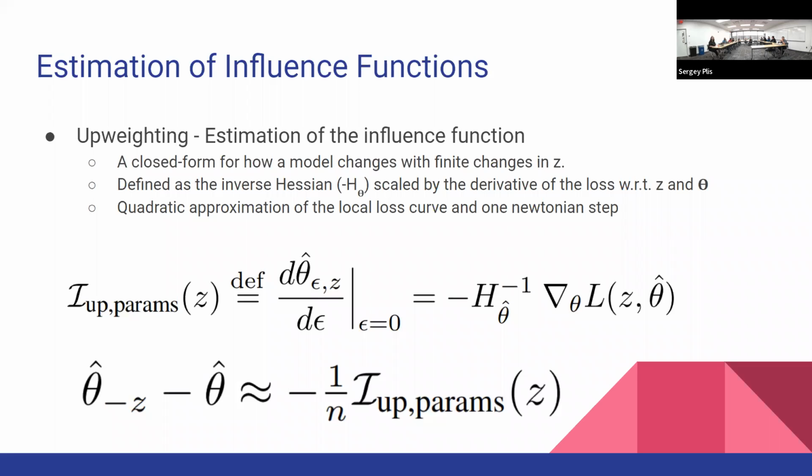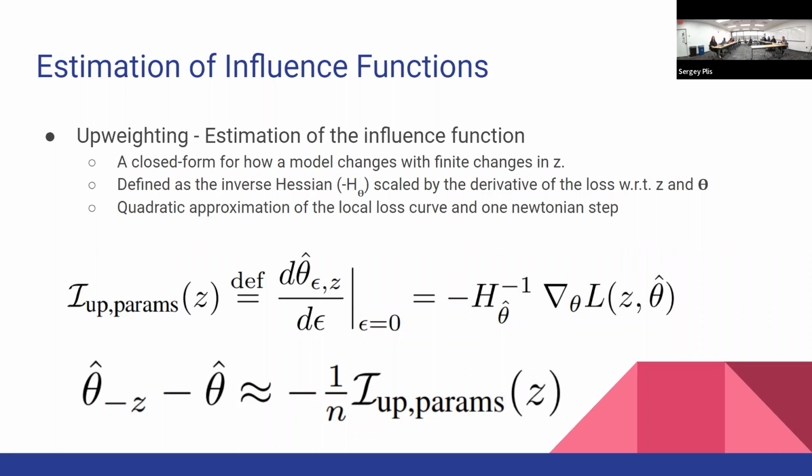The original formulation of this is a closed form solution to how the loss of the model changes with these changes in any given sample. This should be done for all samples or just samples you care about, whatever. They define it so this is the equation for finding the actual upweighting value, the first one.